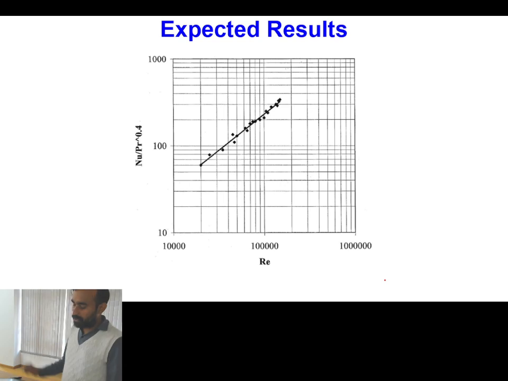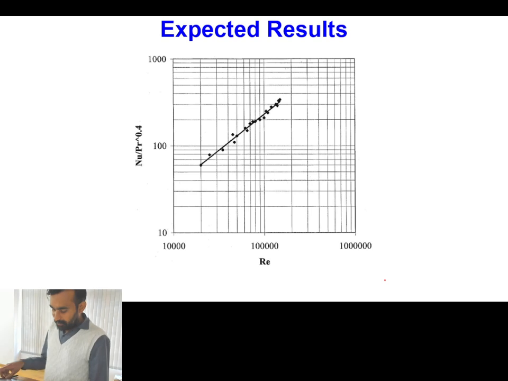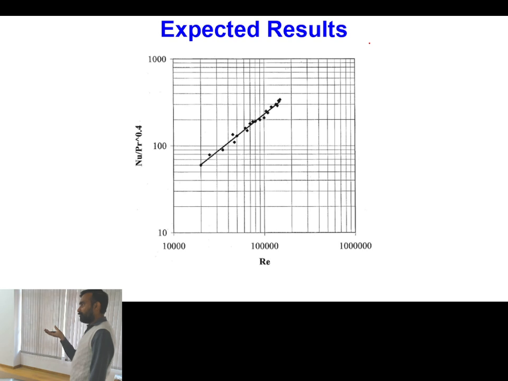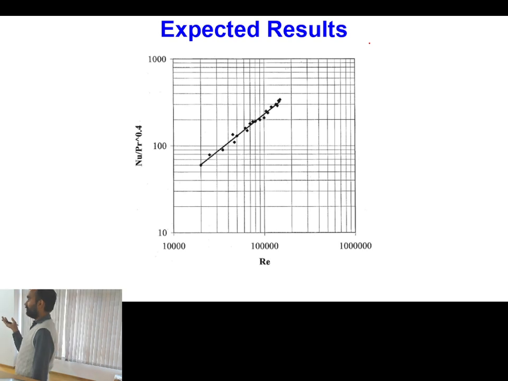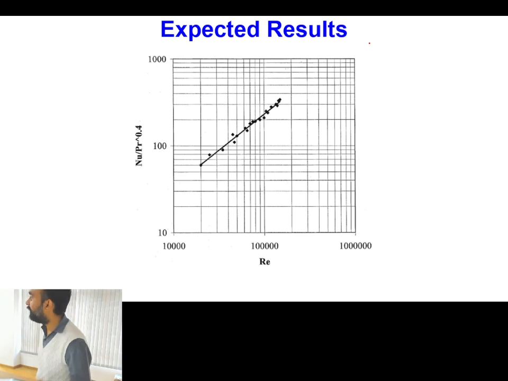Okay, now what will be the expected outcome? I have told you that if we have turbulent flow situation, fully developed turbulent flow situation, then for majority of the fully developed turbulent flow conditions, which equation is valid? Dittus-Boelter equation is valid.